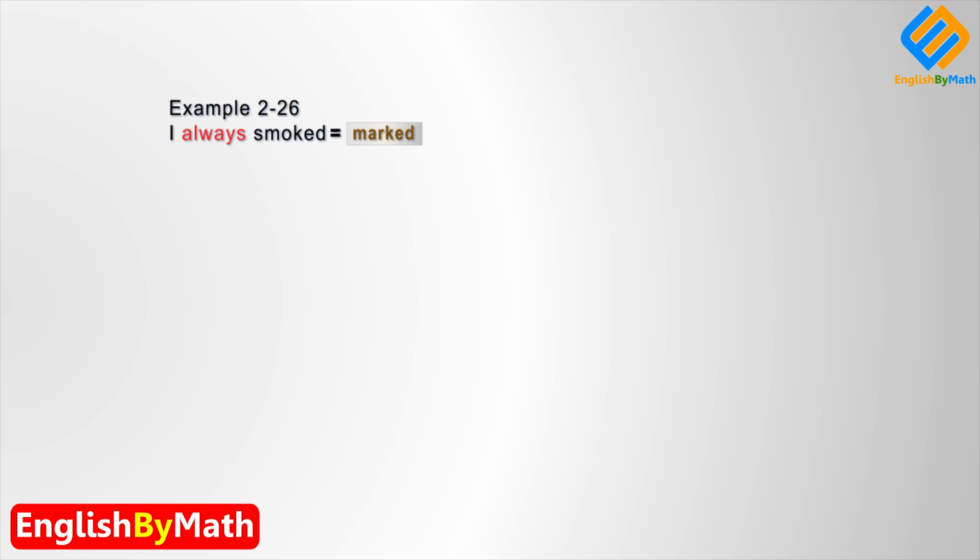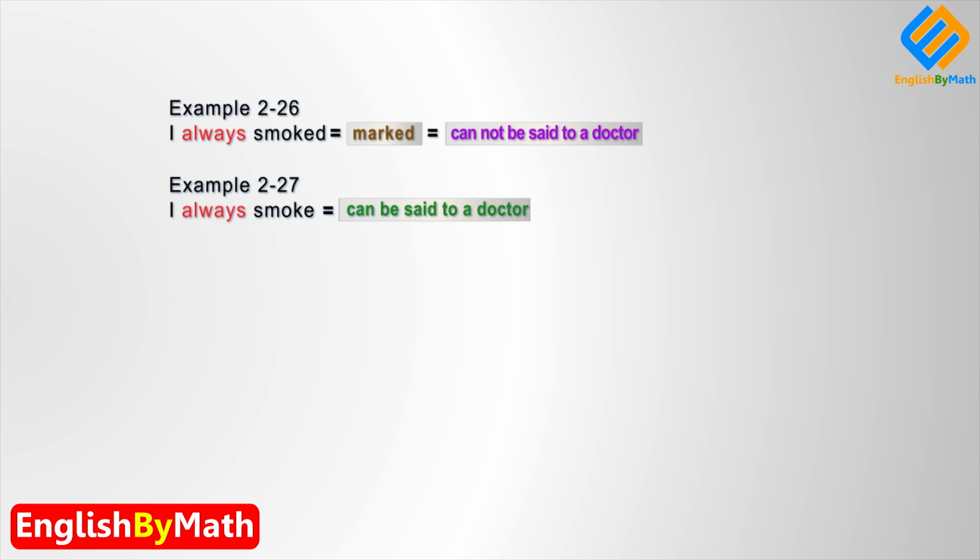When we compare 227, I always smoke, with I always smoked, we realize that 227 can be said to a doctor to ask him for help. Example 226, on the contrary, cannot be said to a doctor because the speaker quit smoking already.